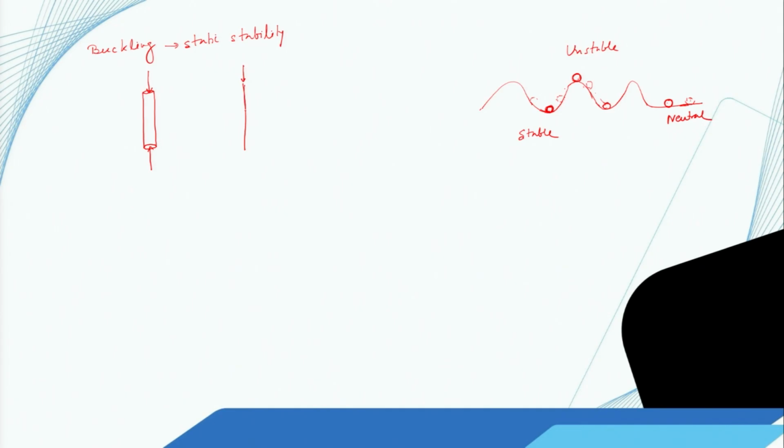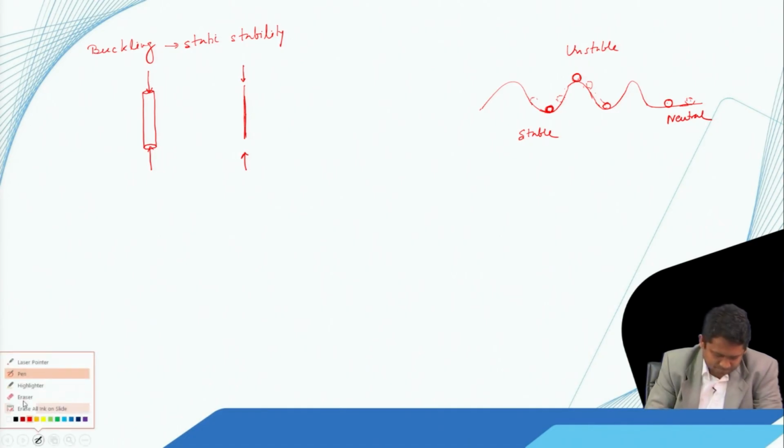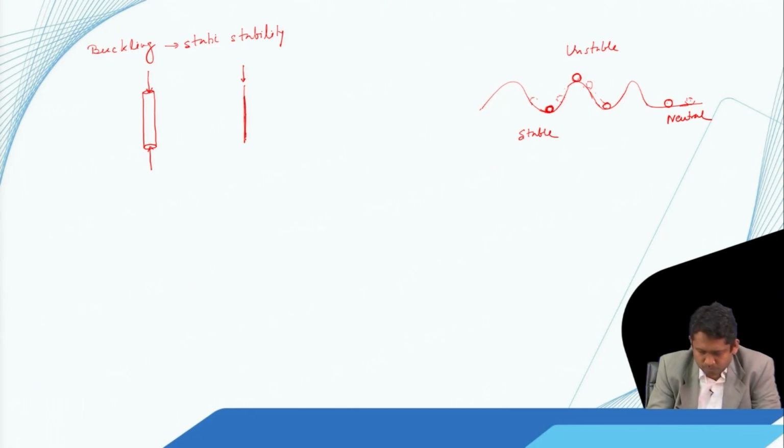A straight compressive member under compressive load. If we want to keep it looking the same, we can just reduce the length a little bit. So maybe like this. So it's under compression.